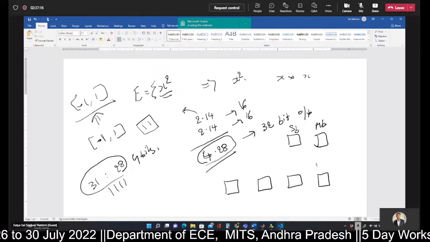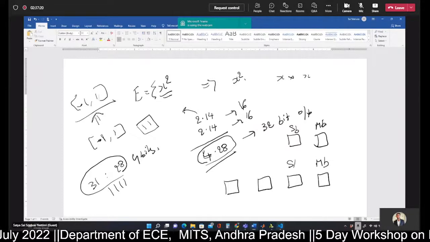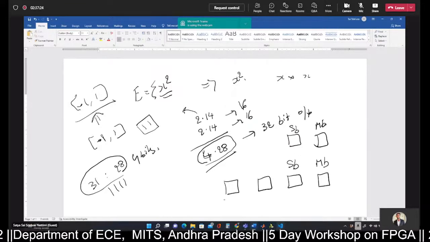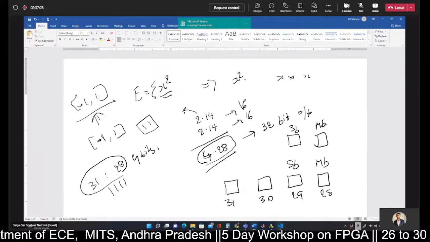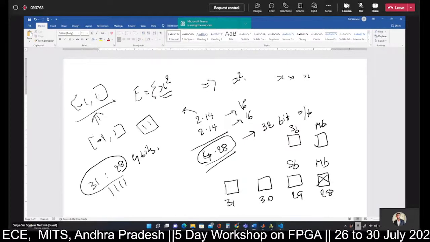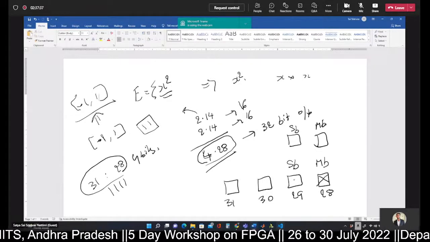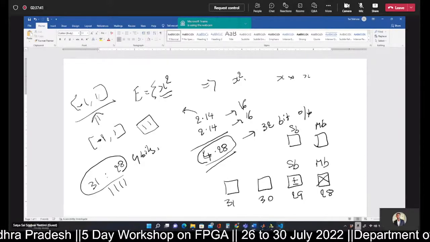So your actual magnitude bit will be here, followed by the sign bit, at bit positions 31, 30, 29, 28. Your actual magnitude bit will be at bit position 28 and the sign bit will be at 29. So this is plus or minus.